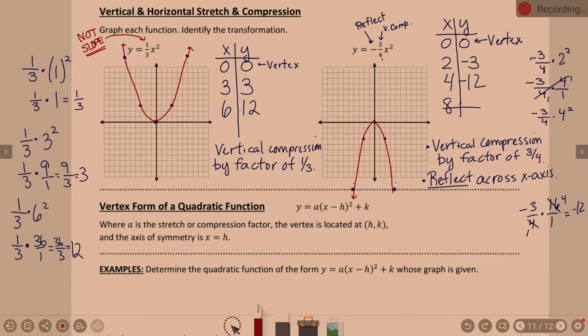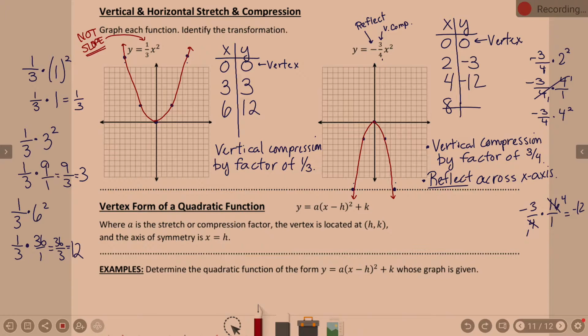Golly gee. Okay, those are the harder ones of the lesson, right? Again, when you see a fraction out in front of x squared, don't think slope. Besides the fact a parabola has a curve to it. It's not a constant slope.